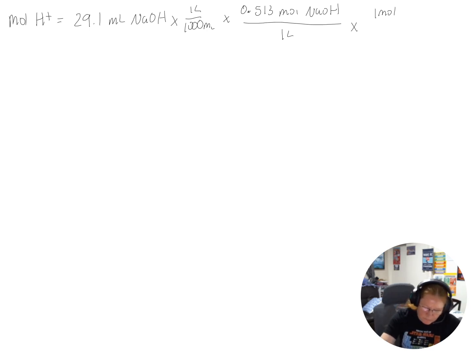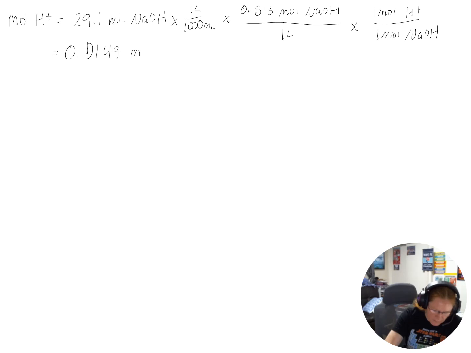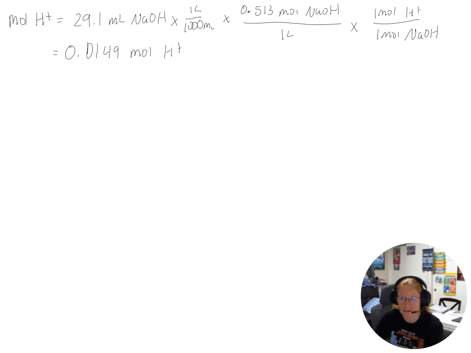And we neutralized 1 mole of hydrogen ion for every 1 mole of sodium hydroxide. We'll address the stoichiometry and the triprotic and the diprotic acid after we do this. This is just our first step calculation. So that'd be 0.0149 moles of hydrogen ions. With that amount of sodium hydroxide, we can neutralize 0.0149 moles of hydrogen ions.